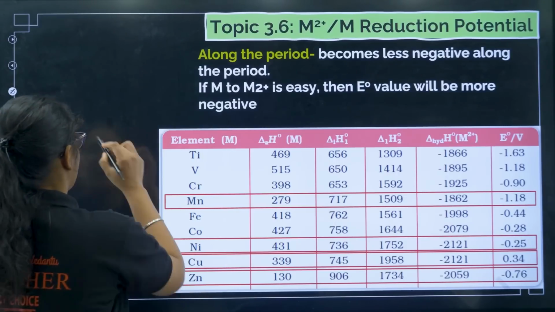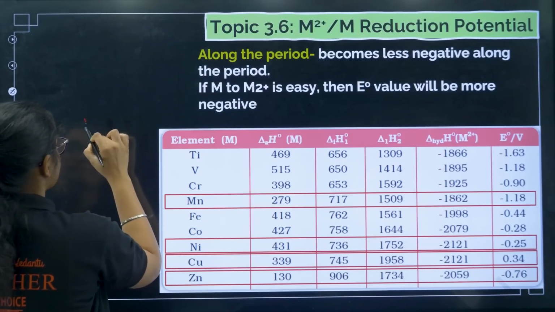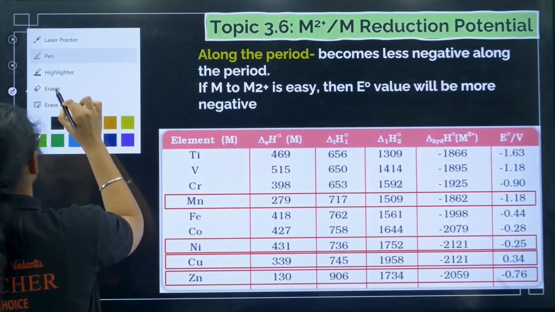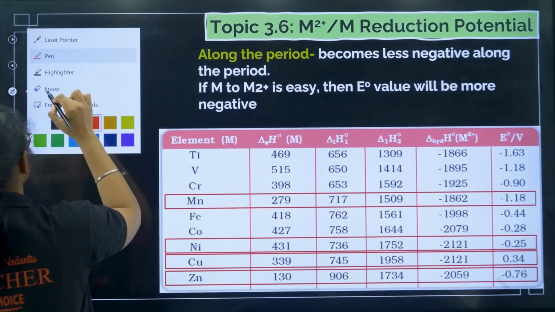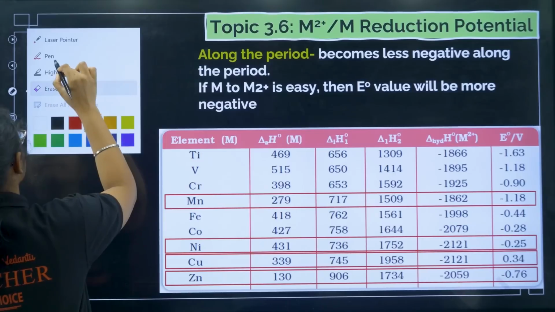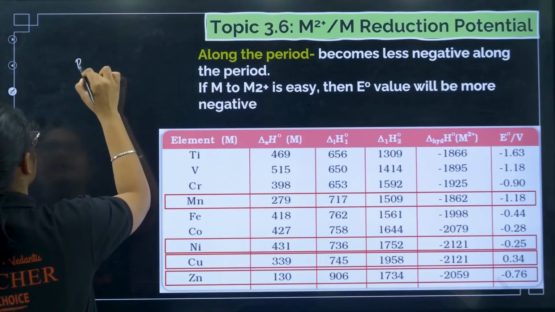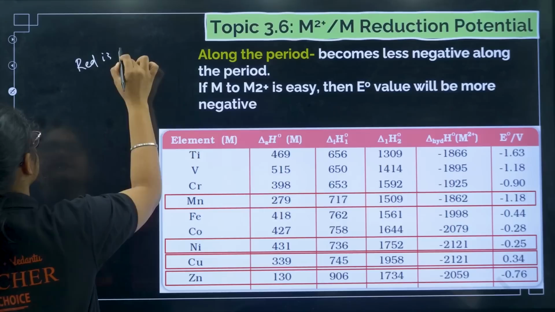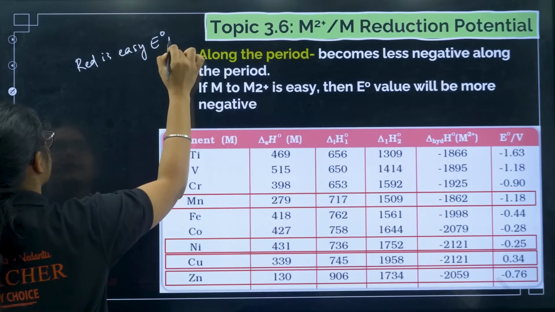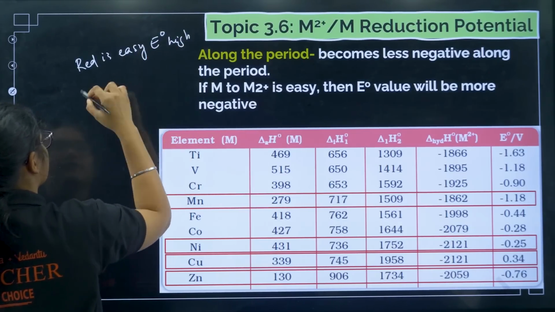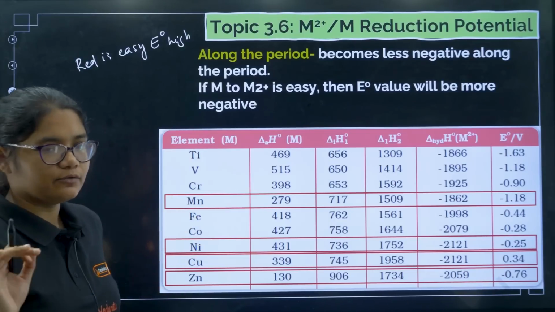Now see, reduction potential, M2+ to M. Very simple: if the reduction is easy, then the E0 value will be high. If reduction is difficult, then the E0 value will be less.